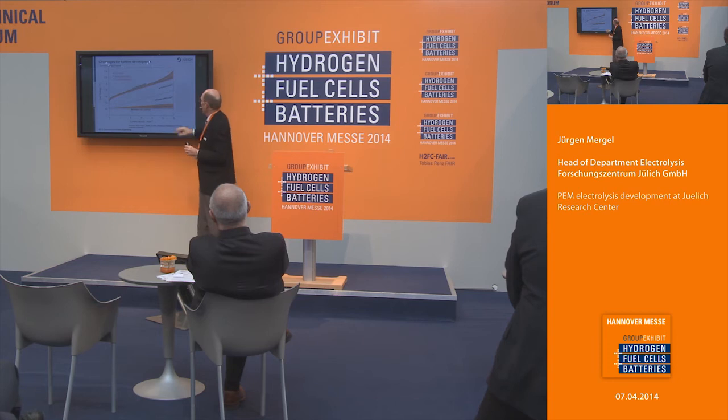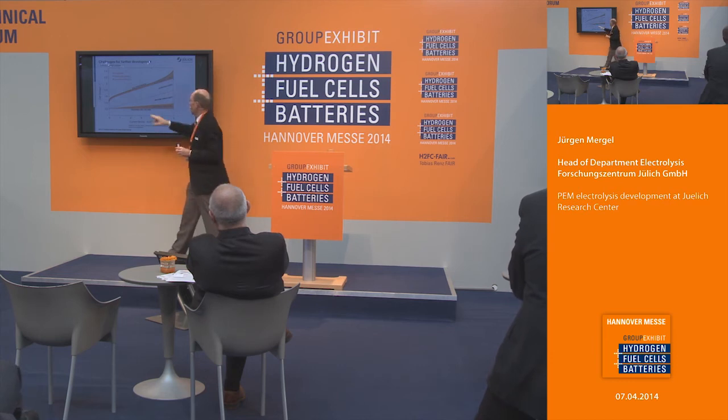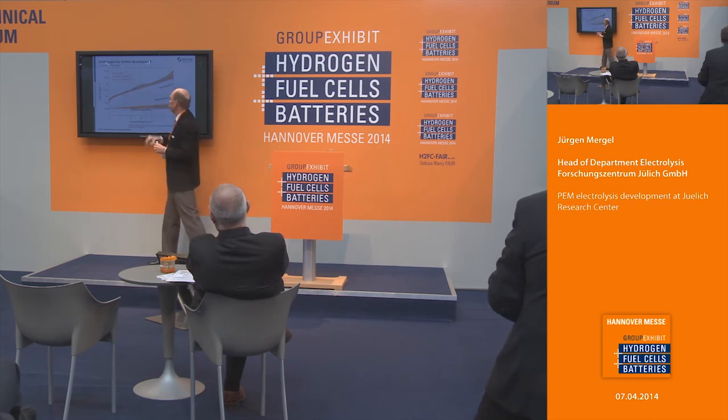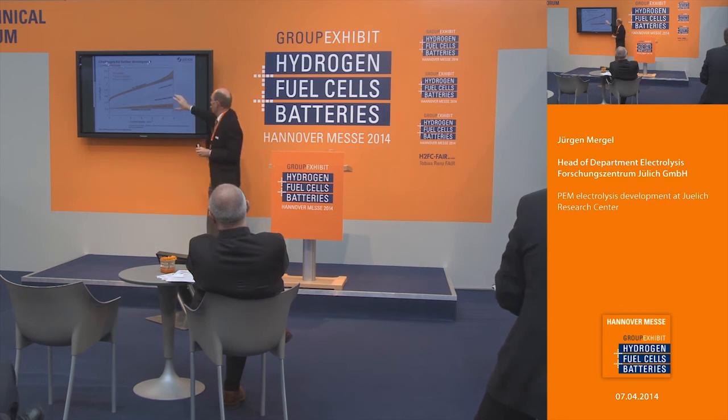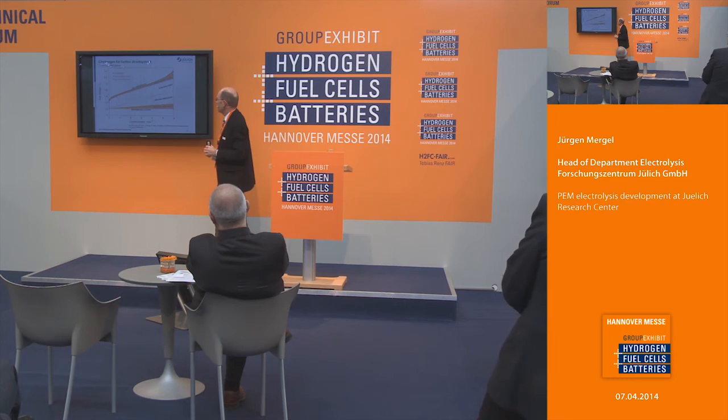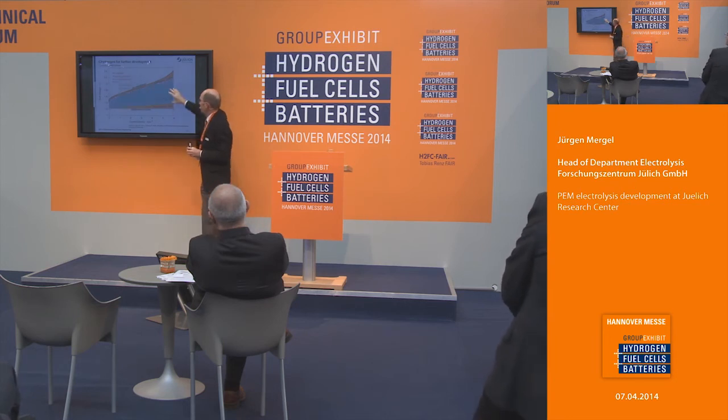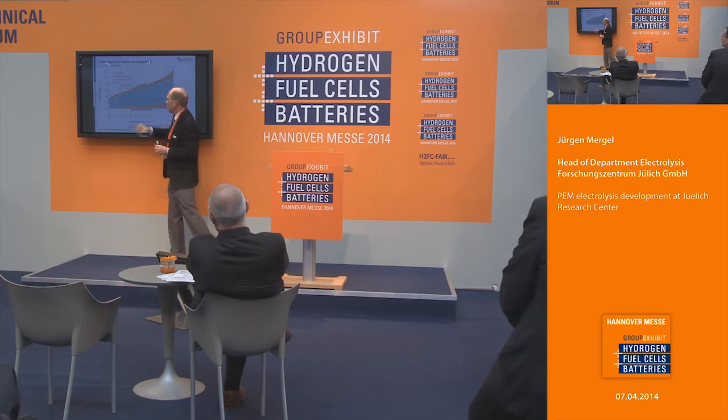Next one, please. And the mass transport losses and the electric ohmic losses are only for the separator plates and current collectors, but the activation and protonic ohmic losses, next one please, are inside the catalyst layer and membrane.